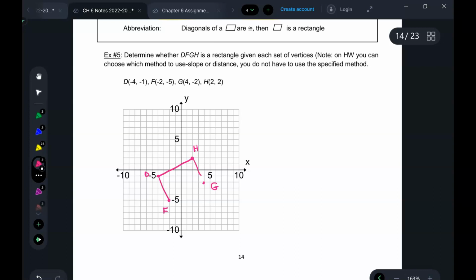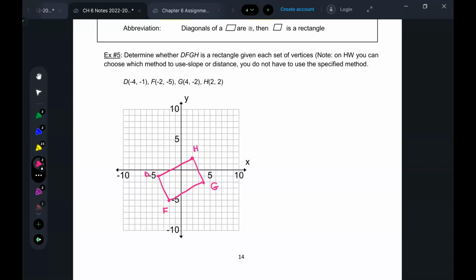We want to see if this is a rectangle. Distance formula? Or slope? Did we not say midpoint? Midpoint will only tell us if the diagonals bisect each other, which tells us if we have a parallelogram.